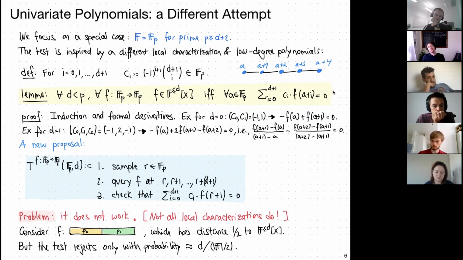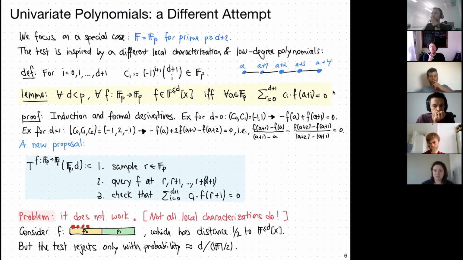But what is our test? Our test just takes these consecutive points, right? Like we'll take this point and this point and this point and this point. So as long as we're not on the threshold, we start with a point R in P0, and then we look enough points forward and we get into P1. And if we're not over there, then we'll never detect that anything foul happened.